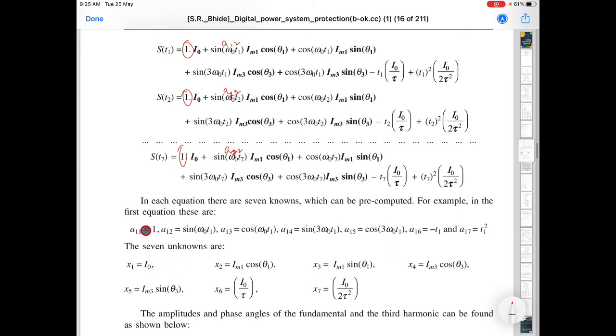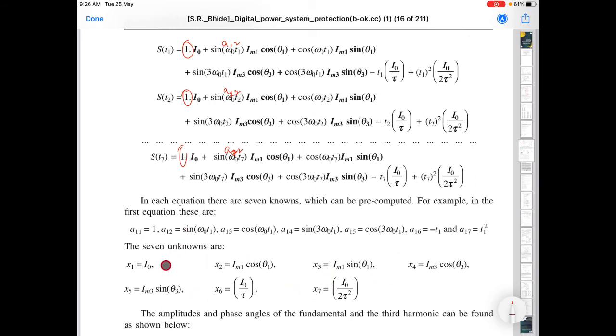so these are knowns: sin omega t1, cos omega t1, sin 3 omega naught t1, cos 3 omega naught t1, t1, t1 square. These are knowns. What are unknowns is the bold terms, the bold highlighted terms are the unknowns. So in first equation there are 7 unknowns.